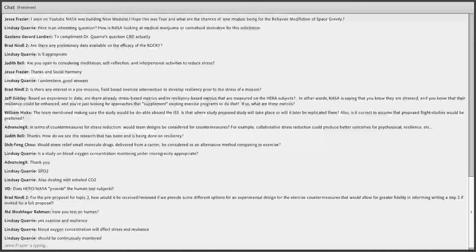But what we want to make sure of in the Step 1s is that we can understand what is going to be proposed in the Step 2. That's how we make that determination. So we just encourage you to make sure that it's clear how that Step 2 is going to give us that greater fidelity, the approach that's going to be used. Yes, and it's important to note that we cannot give feedback on your Step 1s.